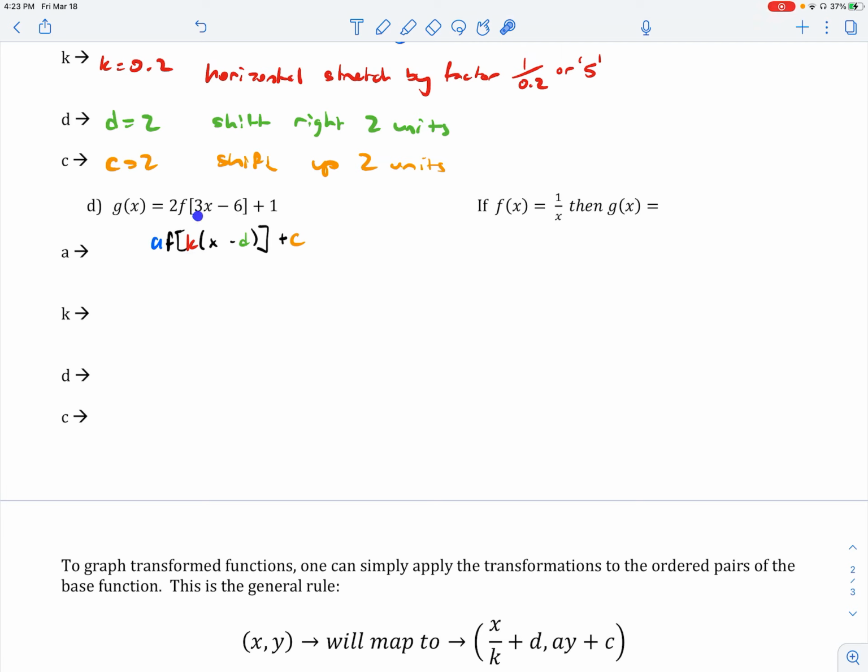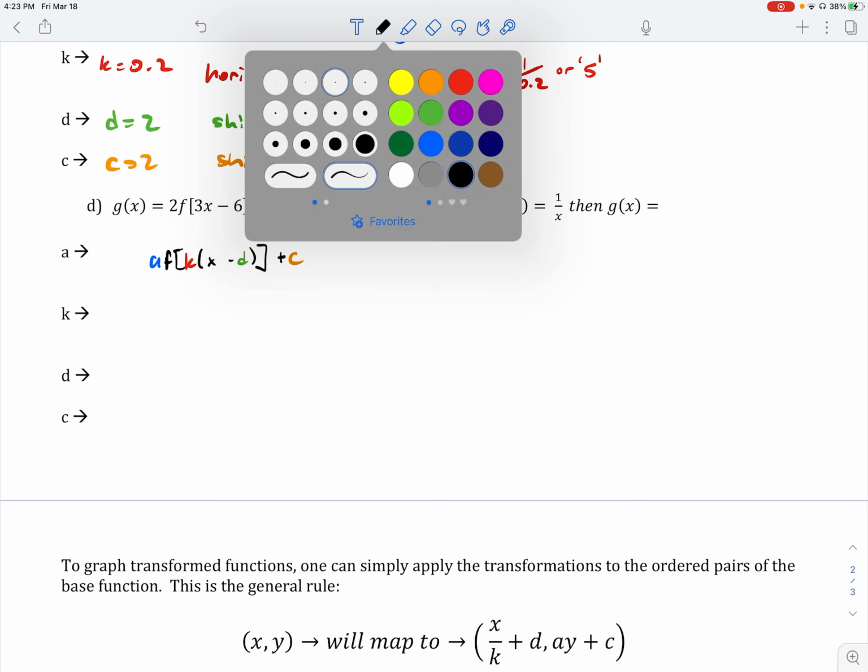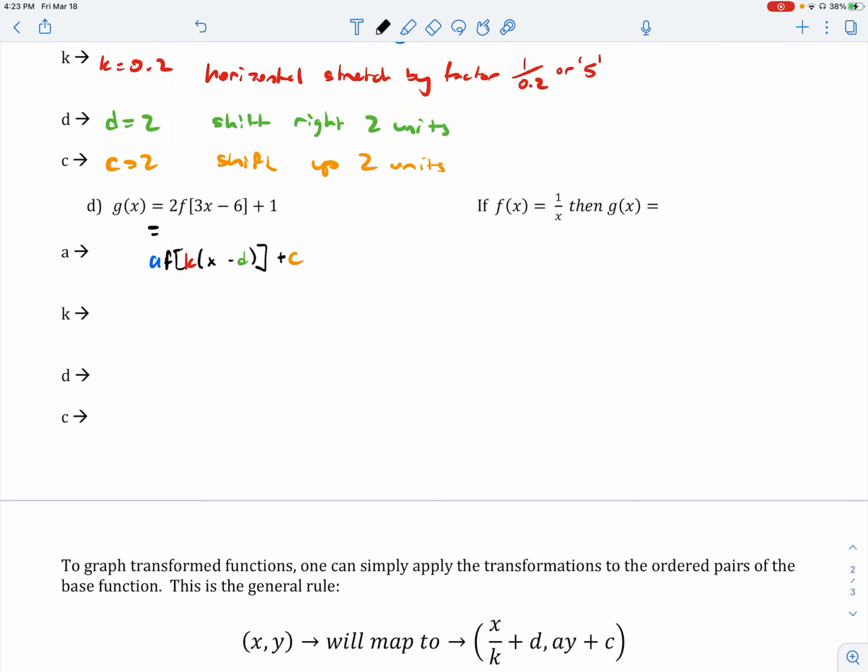Okay, so in this expression in here, there should be another set of brackets. So in order to do that, we have to factor out the 3. That way, we're actually going to have the right value for D. So I'm going to leave this here. So this needs to be put into this form first. 2 times F. Now we're going to factor the 3 out.